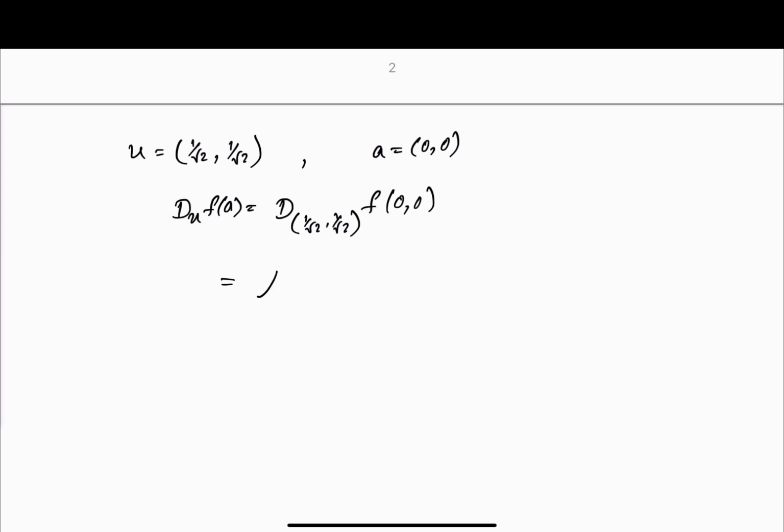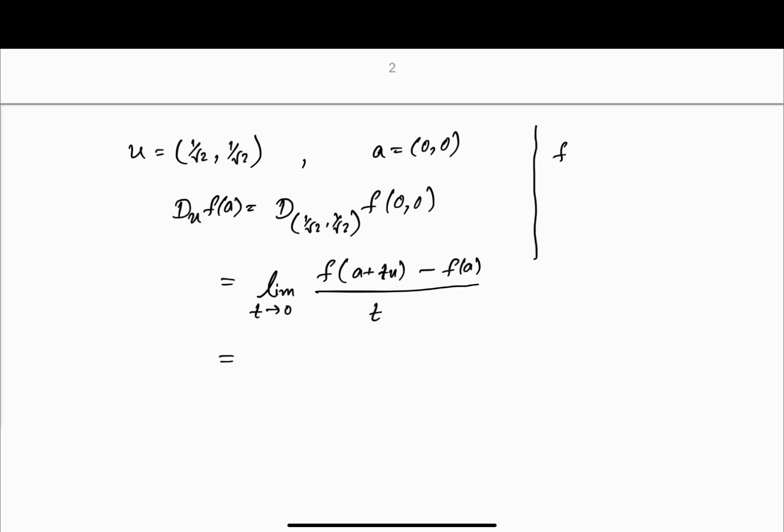So we have to find D_u f(a), that is, D_(1/√2,1/√2) f at the point (0,0). By definition, this is the limit as t tends to 0 of (f(a + tu) − f(a))/t, right? Here a is (0,0), t is a real number and u is (1/√2, 1/√2).